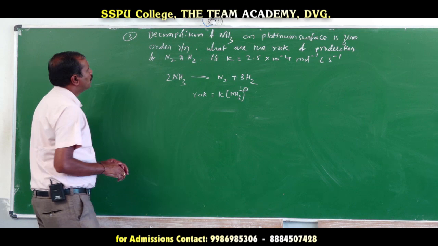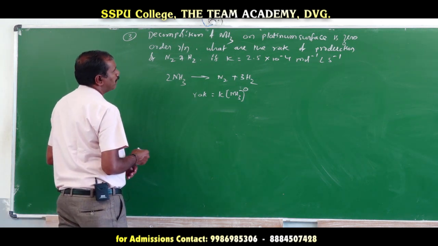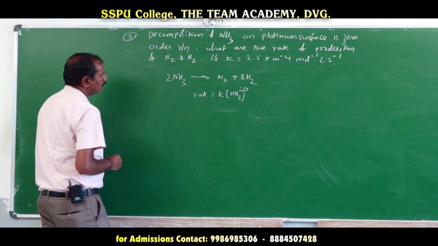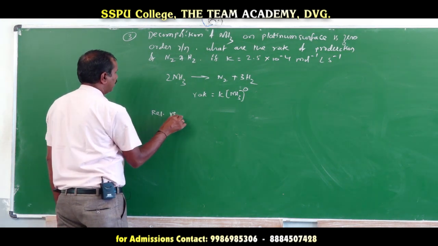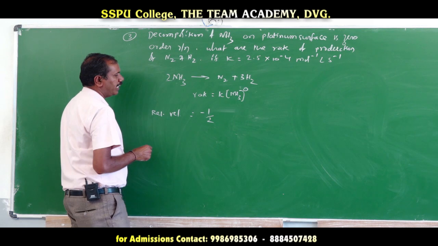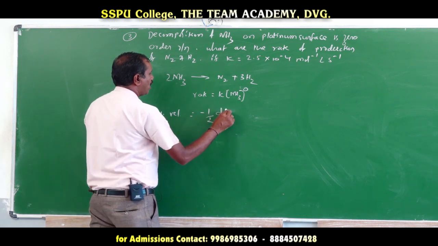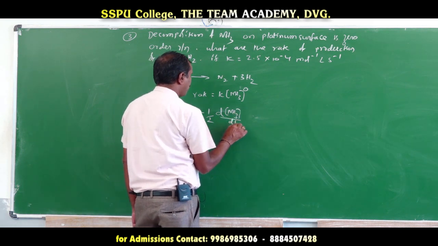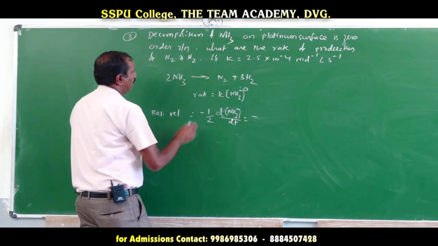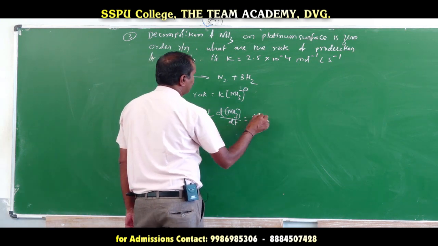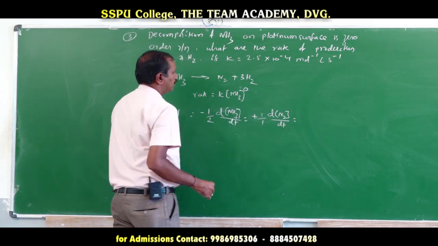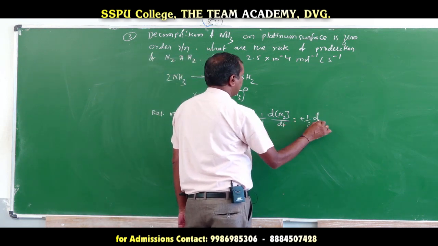So the rate of production of N2 can be calculated using the relative velocity for this equation, which is minus 1 by 2 d of NH3 by dt, where 2 is the number of moles of ammonia, written in the denominator, that equals, for N2, which is a product, plus 1 by 1 d of N2 by dt, that equals plus 1 by 3 d of H2 by dt.